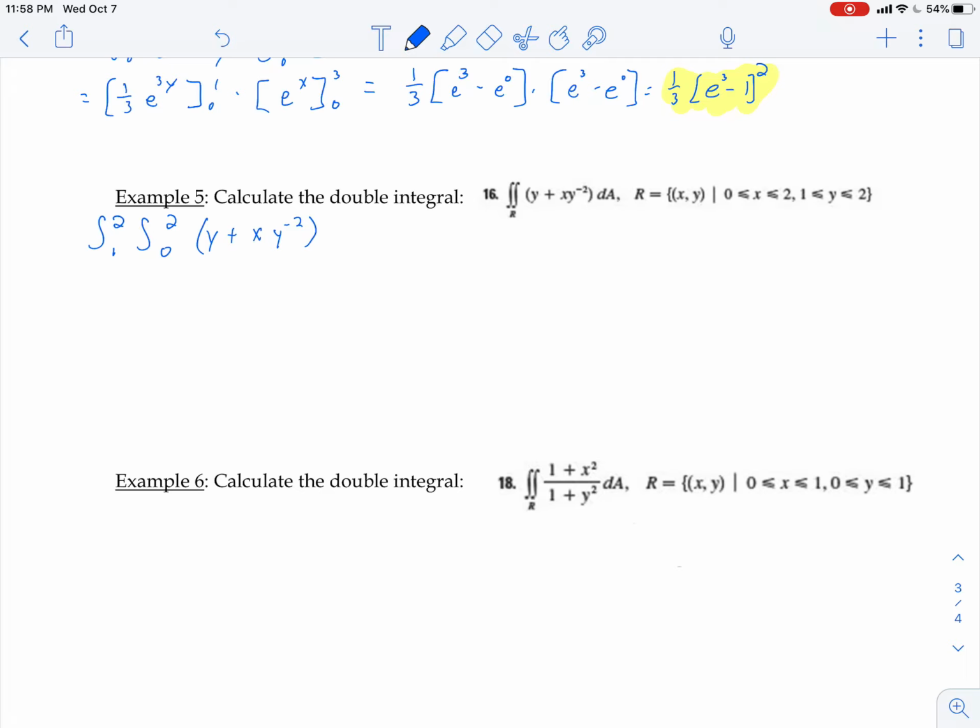On the inside we're using x, and then the outside we're using y. Alright, so let's go ahead and take the integral with respect to x. And what we're going to get is xy, plus 1/2 x squared y to the negative 2, from 0 to 2, dy.